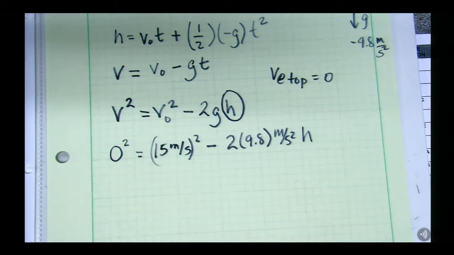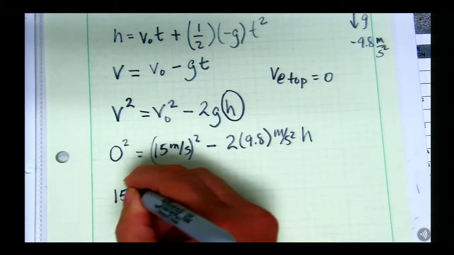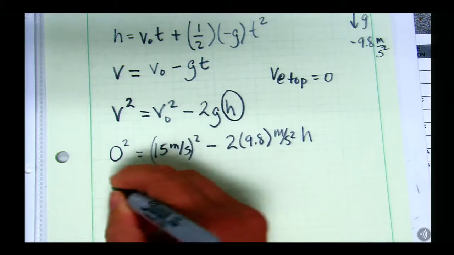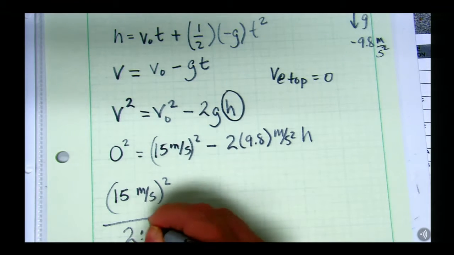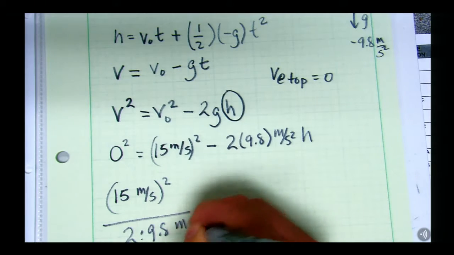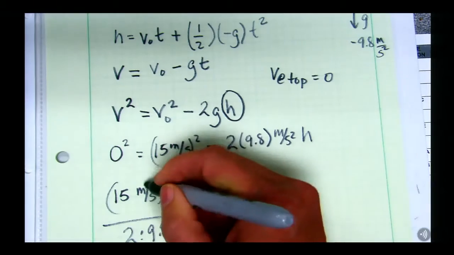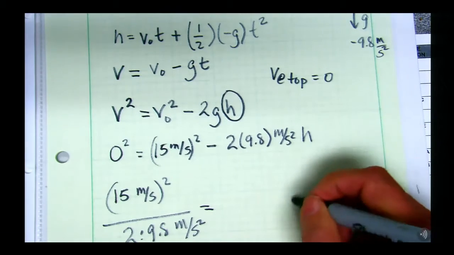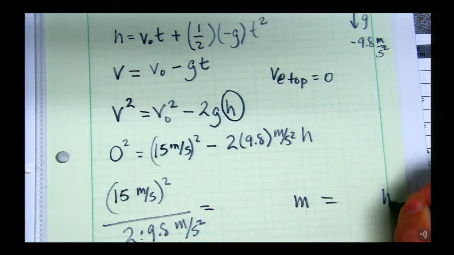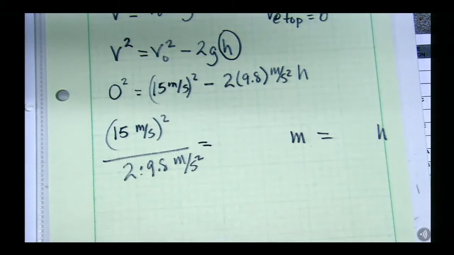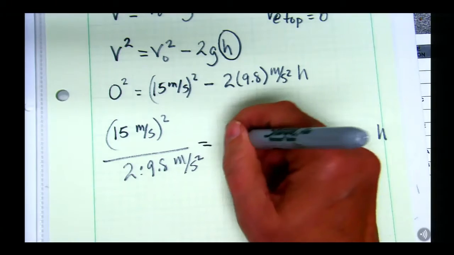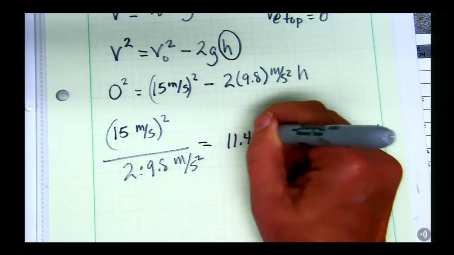So I'm going to get 15 meters per second squared divided by 2 times 9.8 meters per second squared. This is going to leave me something in meters, which is good because my height is going to be in meters, and that's what I want. So I plug that into the calculator, I get 15 squared divided by 19.6. I get 11.47 meters.